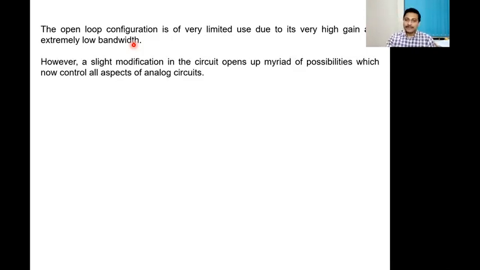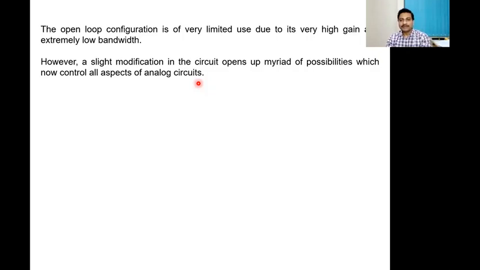However, a slight modification in these circuits opens up several possibilities which now control all aspects of analog circuits. So although the open loop configuration can be used to understand the characteristics of an operational amplifier, right, and it can be used in a limited sense to make useful circuits, not all is lost.